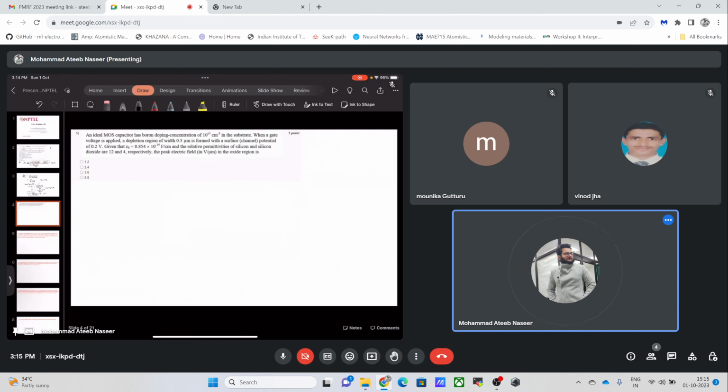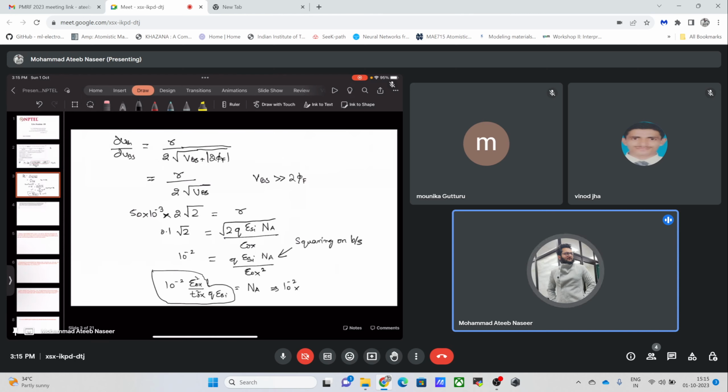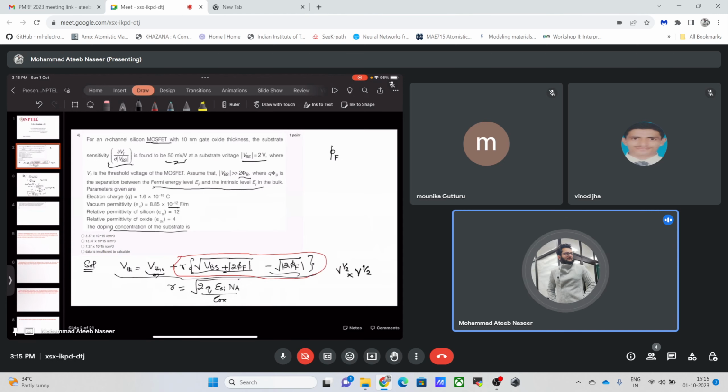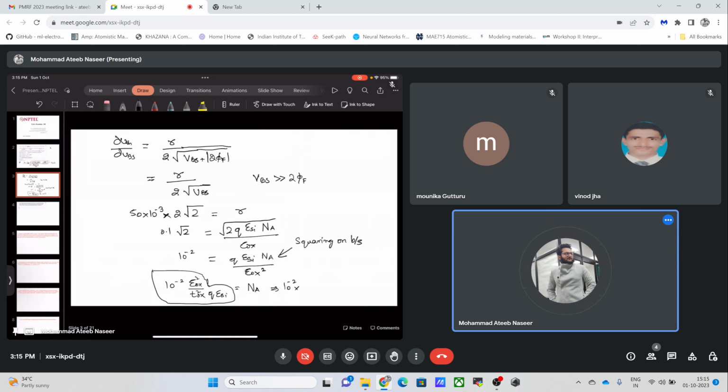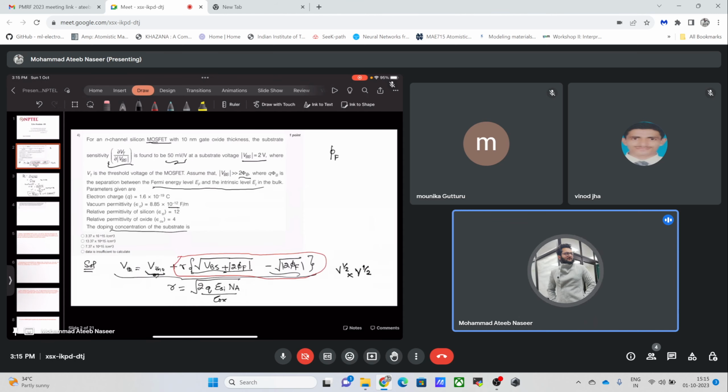So epsilon ox is 4 times 8.85 into 10 to the power of minus 14, whole squared, divided by t ox, which has the value of 10 nanometers.